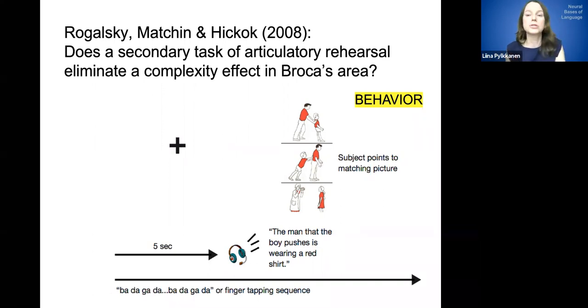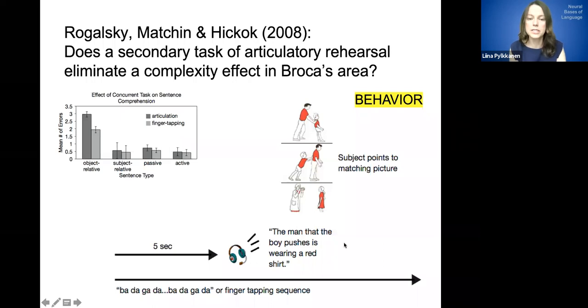They have two motor tasks that you're doing simultaneously, but only one of them engages your speech production system, and the other one is just a secondary motor task. Okay, so now we're interested in how badly the production task impairs your performance on this experimental task.